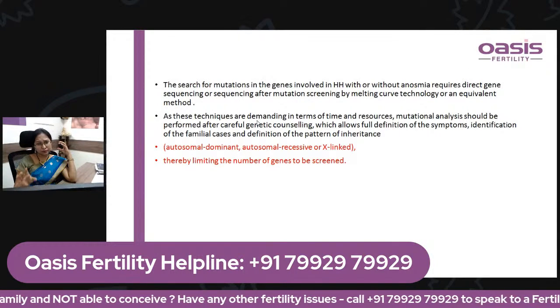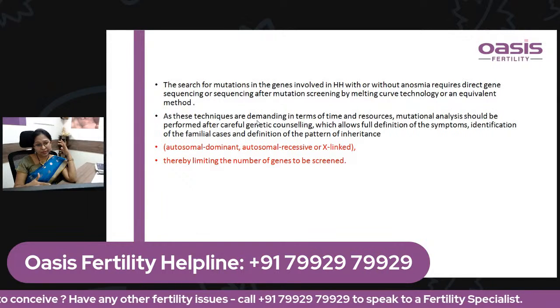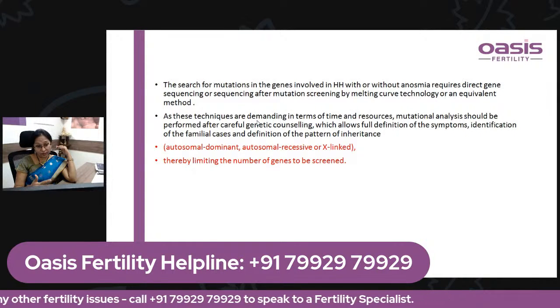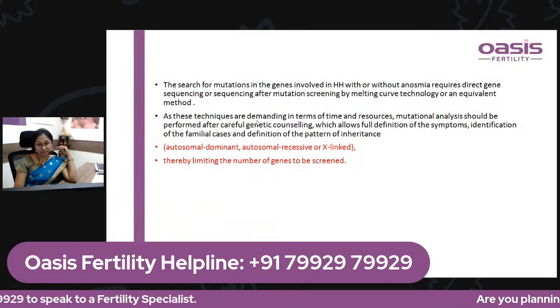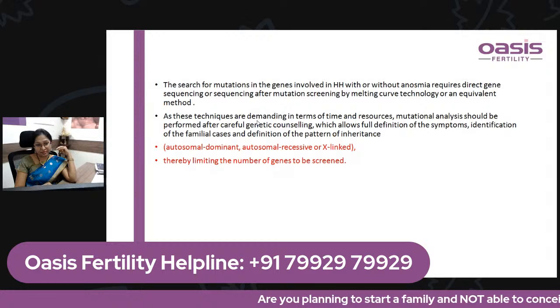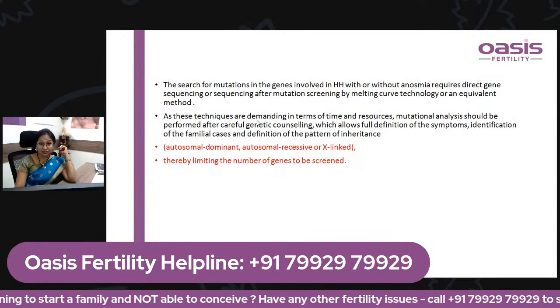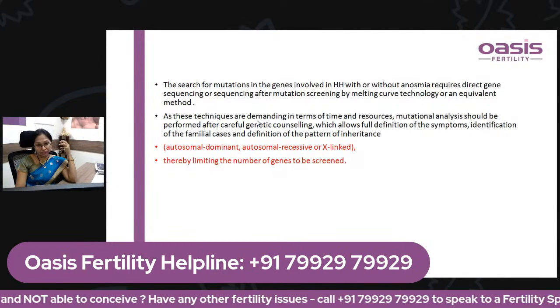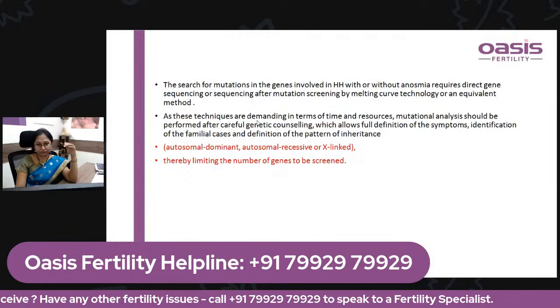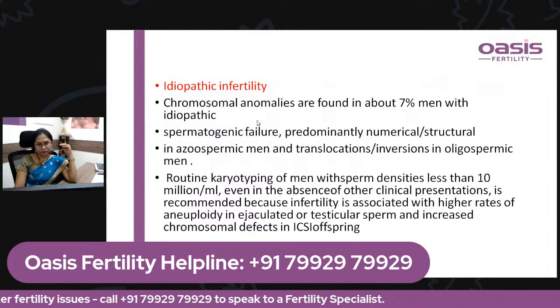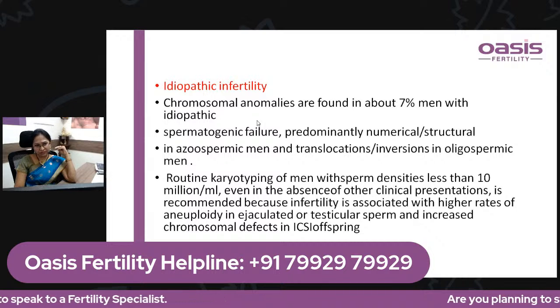The mutation can be carried by autosomal dominant inheritance, autosomal recessive inheritance, or X-linked inheritance, thereby limiting the number of genes to be screened. But most likely these patients tend to go for donor sperm. That is why karyotyping is not much useful in these patients.